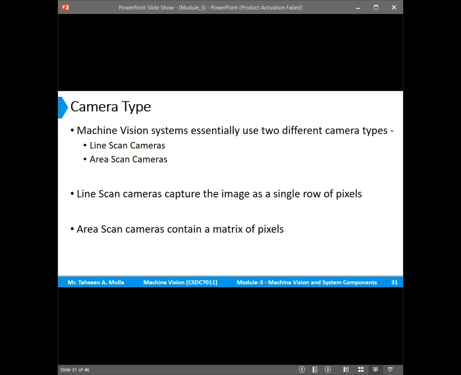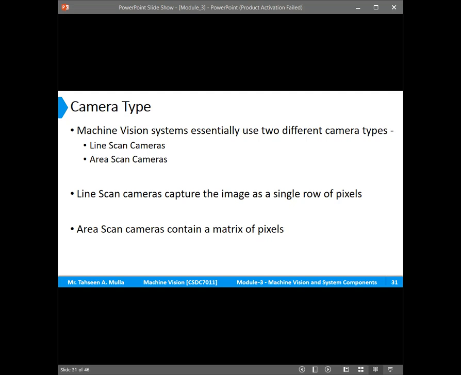So the second type of camera is the area scan. The only difference between these two types of cameras is that line scan will have a single row of pixels, whereas area scan will have a matrix of pixels. So there will be rows and columns which will be scanned at the same time. The only difference here is how the entire grid of the image is read, right? In line scan, it will read a single row of pixels only, and that will be its output.